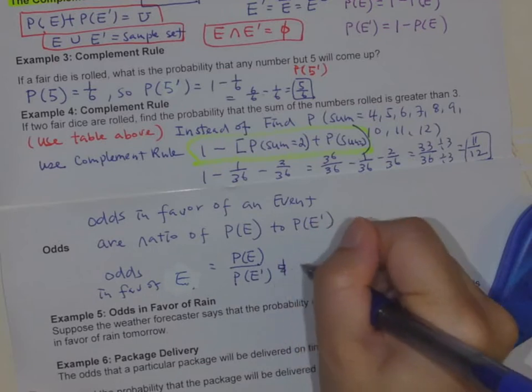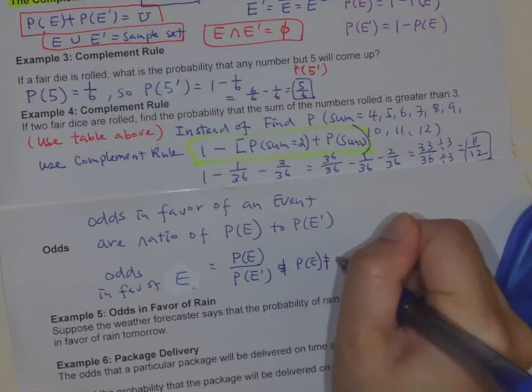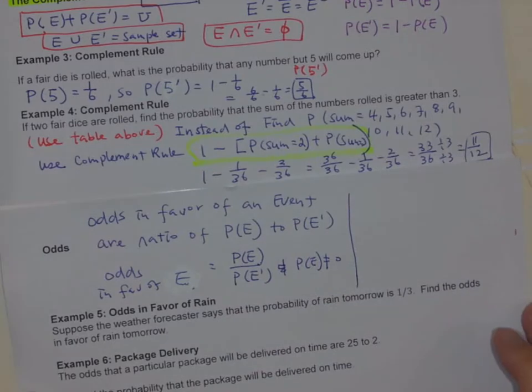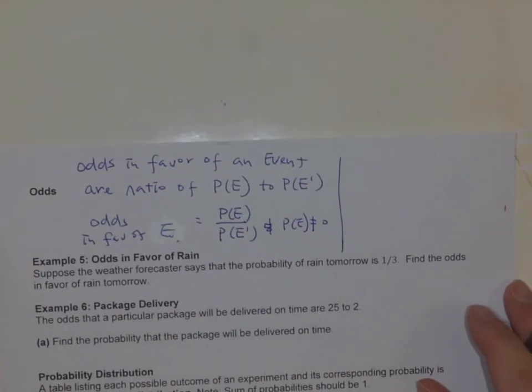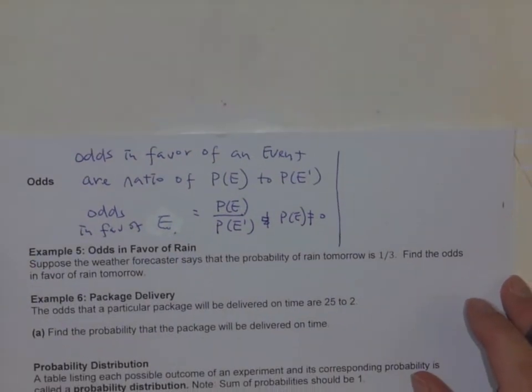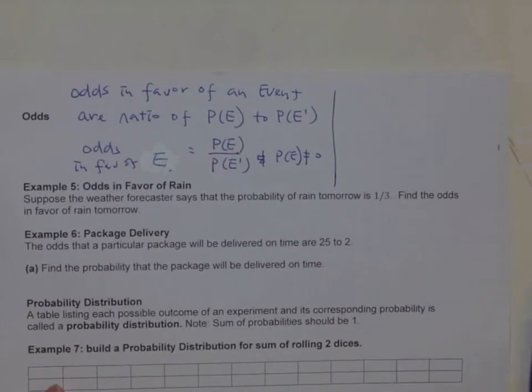And P of E cannot equal 0, right? So that's one thing about the odds. You can do the ratios, but sometimes it's going to be presented to you like this.